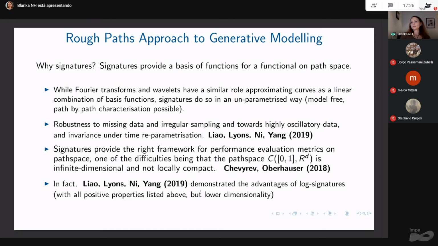And then I would like to mention also this paper by several authors, co-authors of Ni Hao and Terry Lyons, about the advantages of using log signatures instead of signatures, with all the positive advantages listed above, but lower dimensionality.